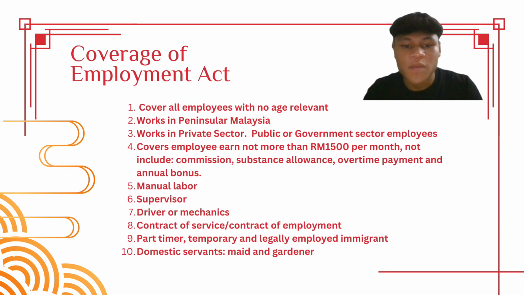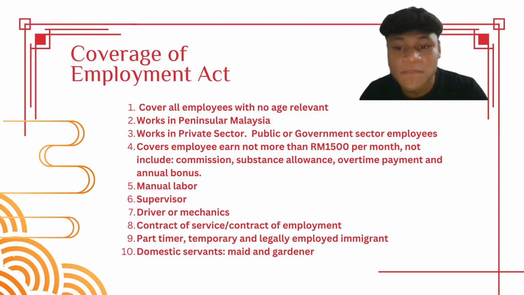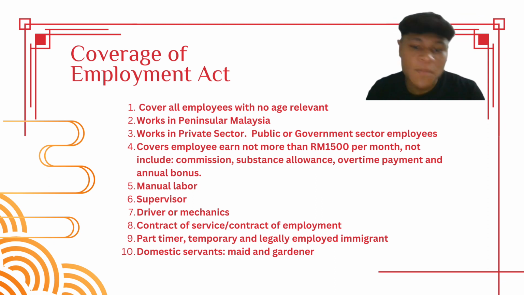Next, the coverage of the Employment Act. So, what does the Employment Act actually cover? First of all, it covers all employees with no age relevance. Next, number 2, works in Peninsula Malaysia. Number 3, works in the private sector, or public or government sector employee.